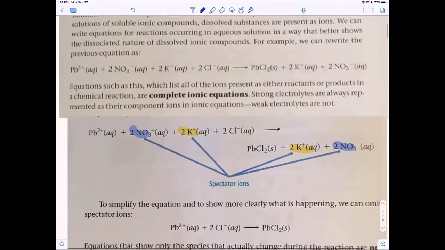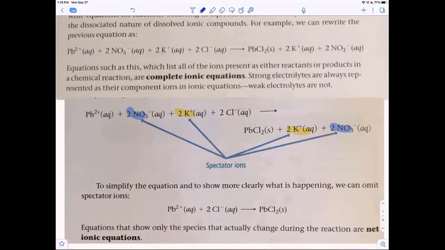But if you look at the complete ionic equation, you have what are also known as spectator ions on both sides of the equation. For this reaction, the nitrate is on both sides of the equation, and the potassium ion is on both sides of the equation. These are spectators, kind of like if you watch a sporting event, you're not really there helping out.